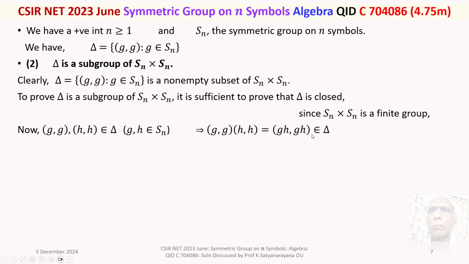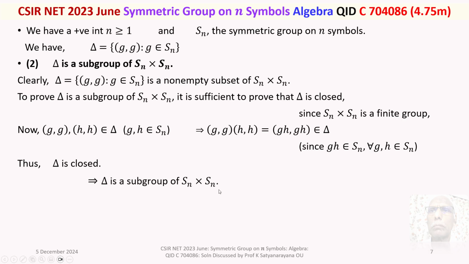So (gh, gh) also belongs to delta. Thus, since gh belongs to Sn, delta is closed under the operation of Sn cross Sn. So therefore delta is a subgroup of Sn cross Sn.